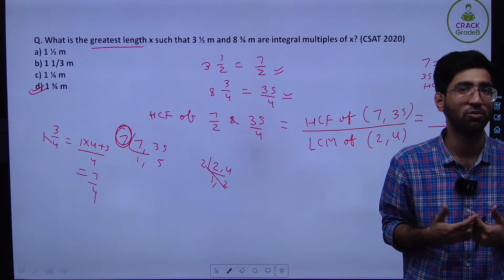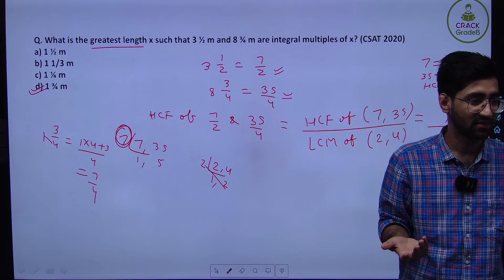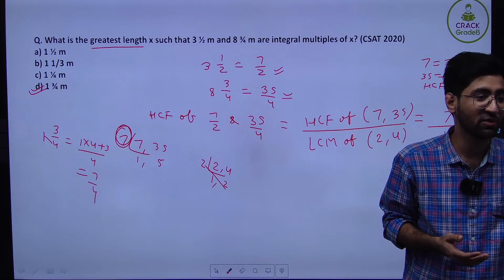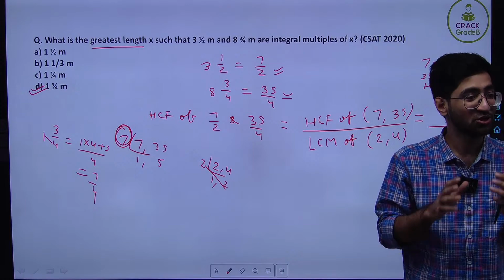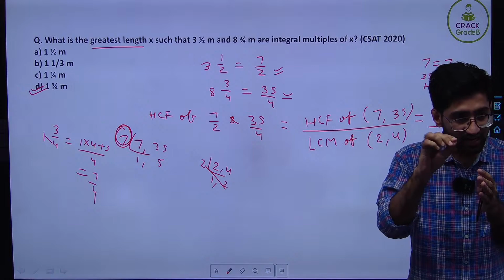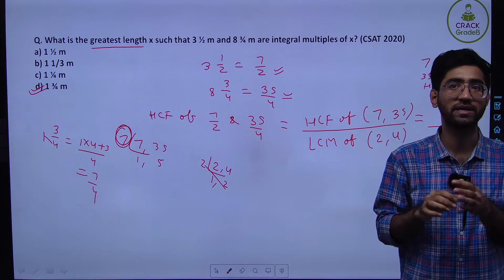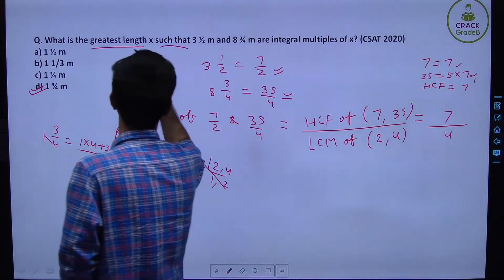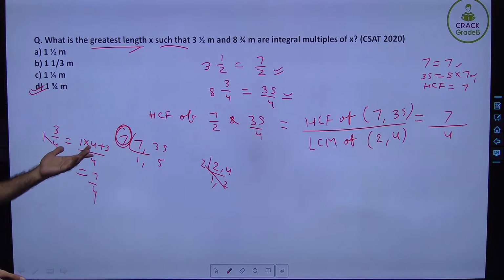When our only goal for now is to crack the CSAT examination, right? You are not gonna get anything by scoring 150, right? So trust me, if you are struggling in CSAT, start identifying those questions which are easy or of medium level, right? So you can see that it is a relatively easier question. Just find the HCF, right?